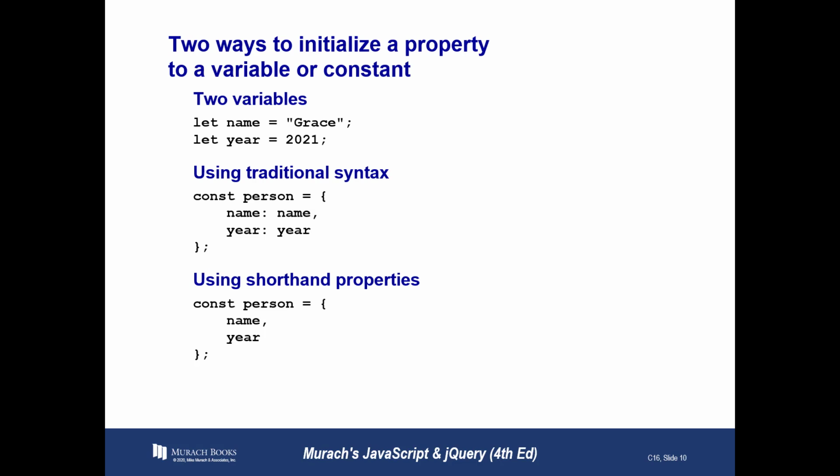So when you're doing the initializing, it's name, name, and year, year. That's kind of clumsy looking syntax. So instead, you can write it using the shorthand properties that are shown on the bottom of the slide. That's typically the way you'll see it.